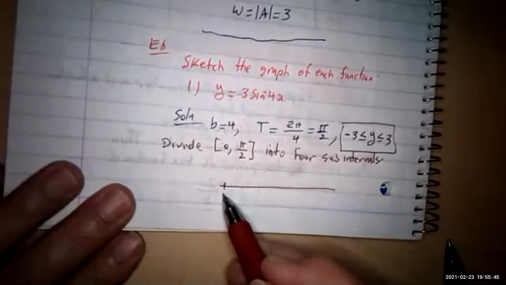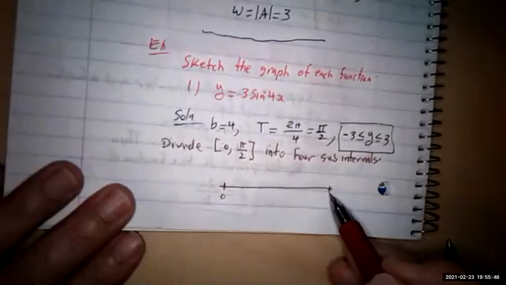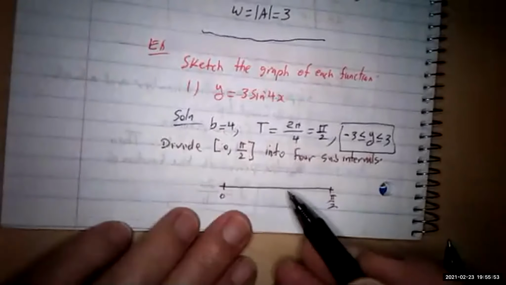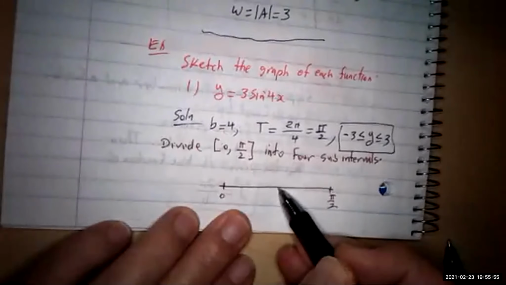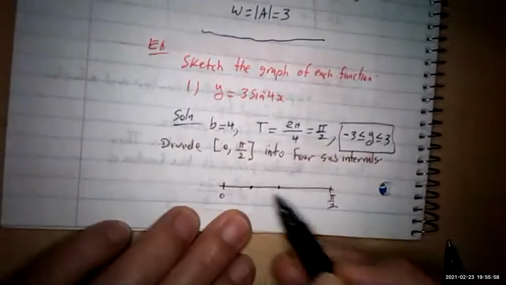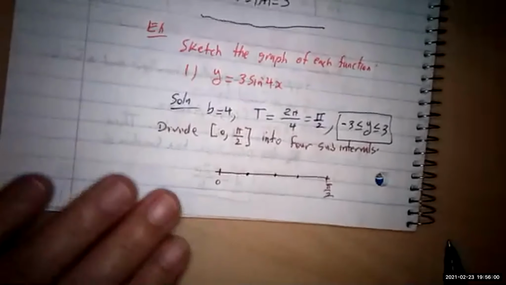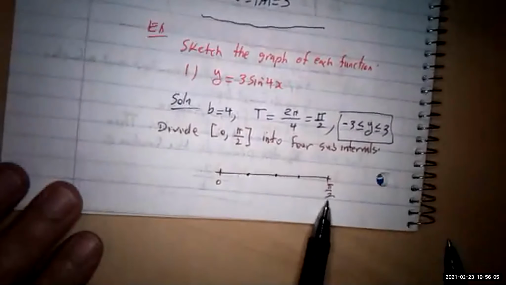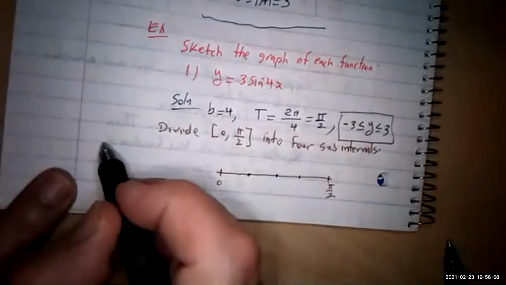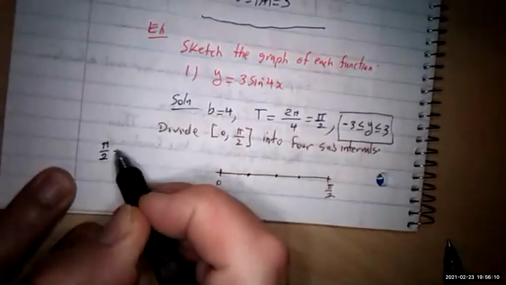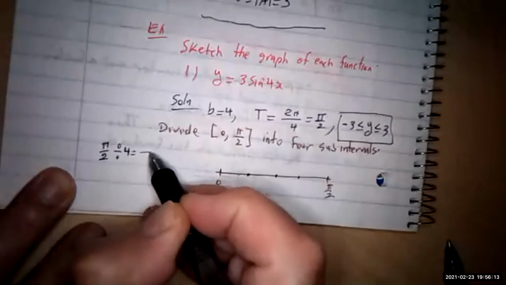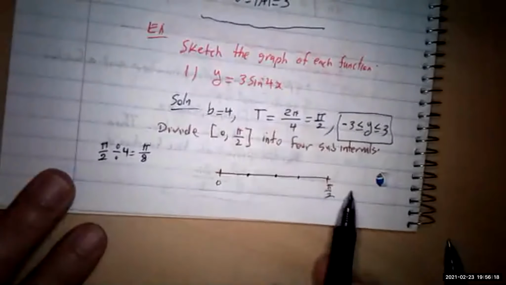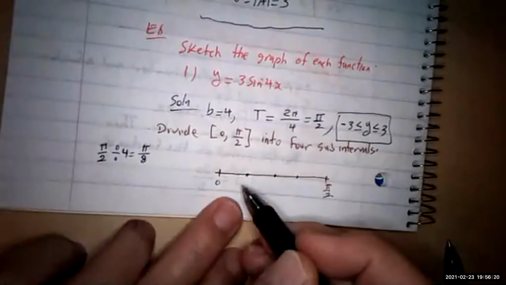This is 0, and this is pi half. You divide it by 4, 2, 3, 4. What is each portion here? Pi half divided by 4 gives you pi over 8. So pi over 8, pi over 8, pi over 8 to get to pi half. So this is going to be 0 and pi over 8.